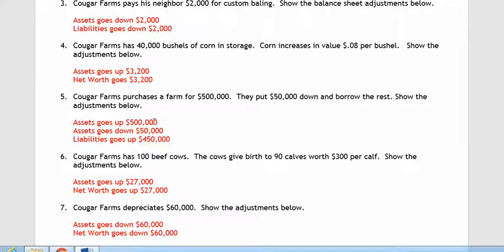Assets go up 500,000. We now have a farm we did not own before. Assets do go down 50,000 because we lost the cash. And liabilities go up 450,000 because we borrowed that. So the overall change to assets would be up 450,000. Liabilities go up 450,000. Equal change to both sides of the balance sheet.